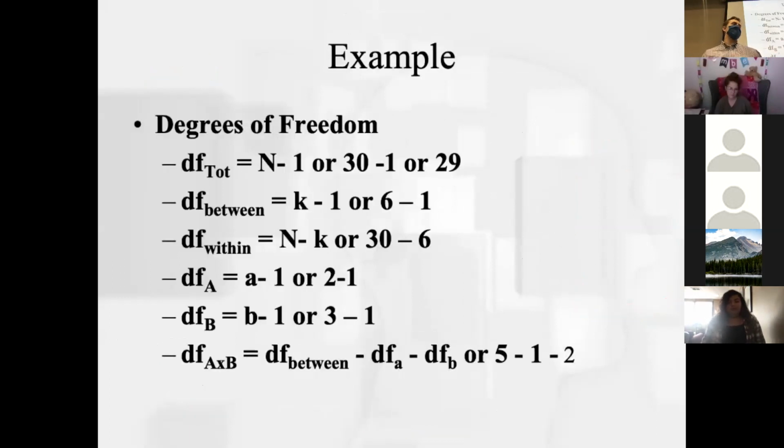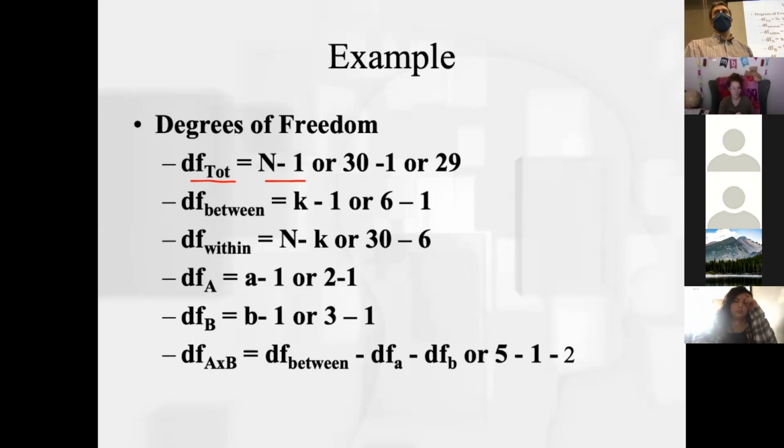All right. So let's find our degrees of freedom for everything. Our degrees of freedom total is the same as we've used before. N minus 1, big N minus 1. In this case, 30 individual data points minus 1 gives us 29. Our degrees of freedom between, as we said earlier, is the total number of cells minus 1.